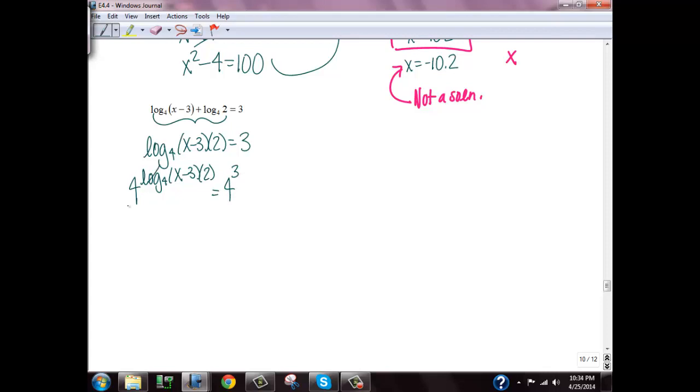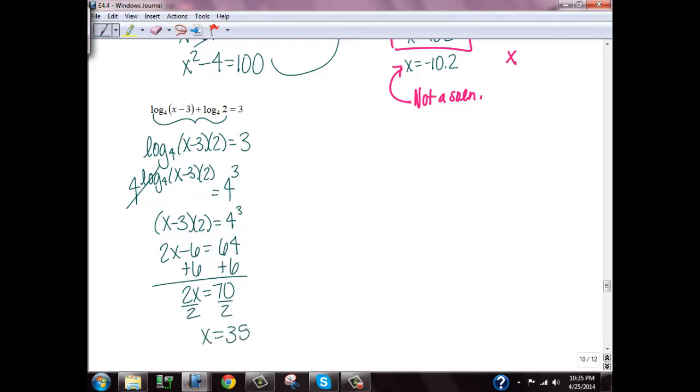So on the left-hand side, my 4 and my log base 4 cancel, and I'm left with x minus 3 times 2 is equal to 4 to the 3rd power. Okay, so I'm going to go ahead and simplify here. Distribute the 2, which gives me 2x minus 6, and 4 cubed is 64. And then I just solve. I add 6 to both sides, which gives me 2x equals 70, and then I divide off my 2, which gives me x is equal to 35.